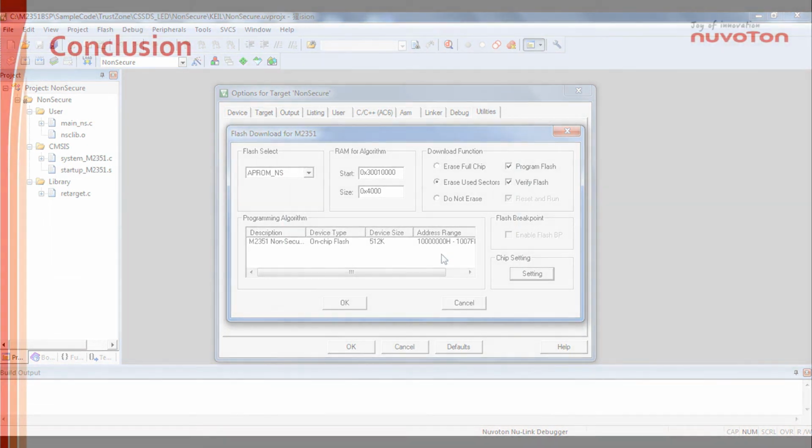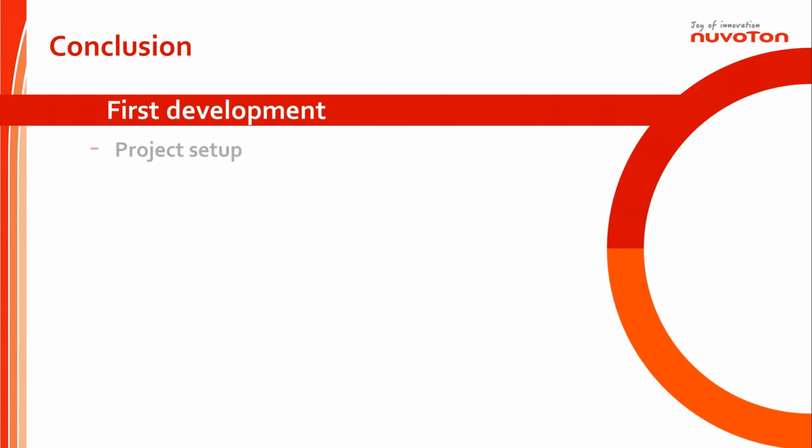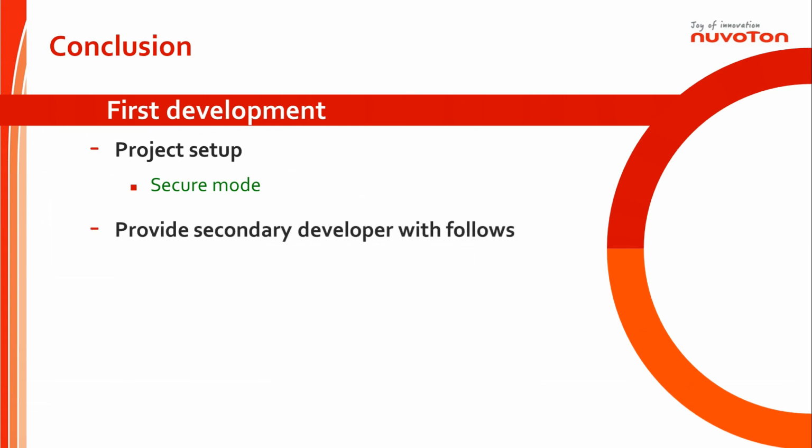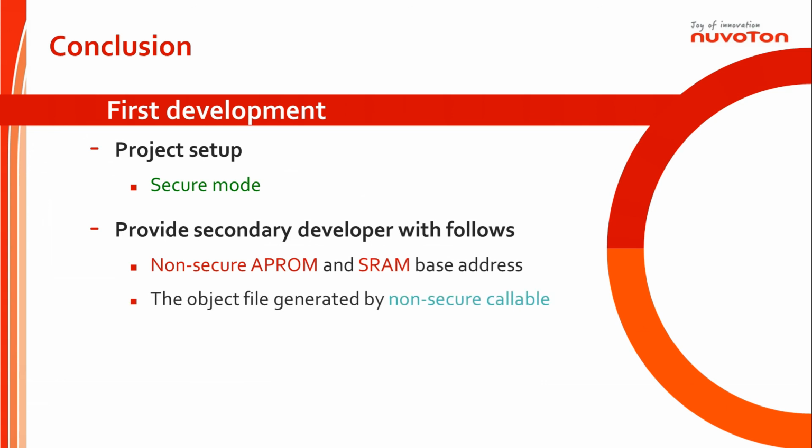According to the introduction above, the first developer must engage in development under the project environment in secure mode. After the development is completed, the first developer must provide the secondary developer with the non-secure AP-ROM and SRAM base address, the object file generated by non-secure callable, and the non-secure callable library.